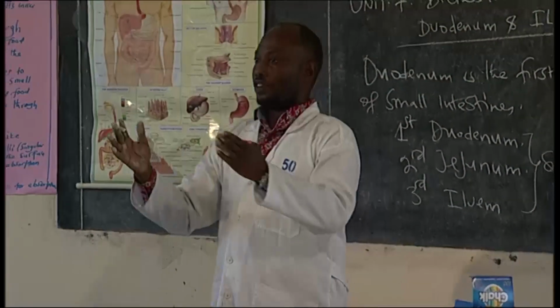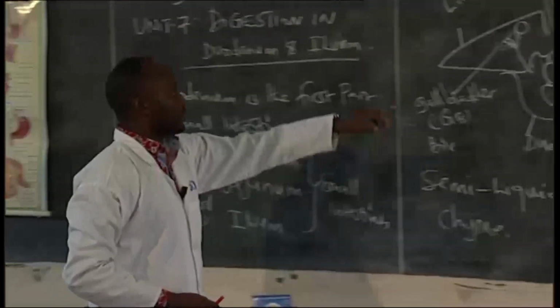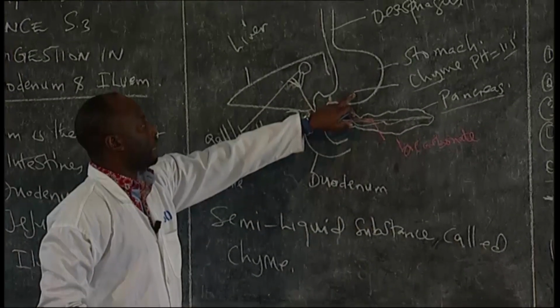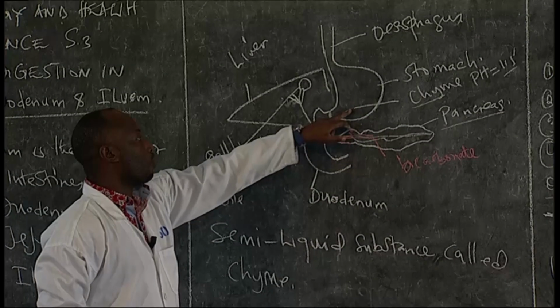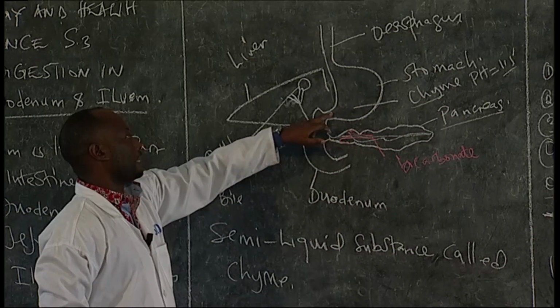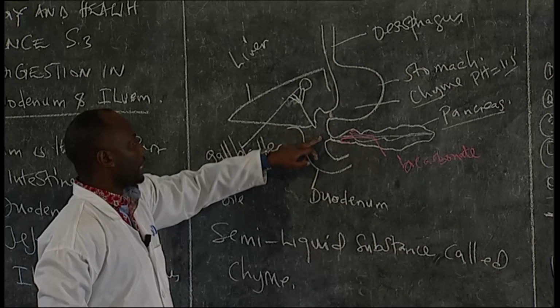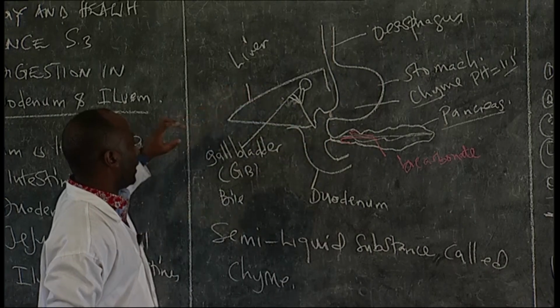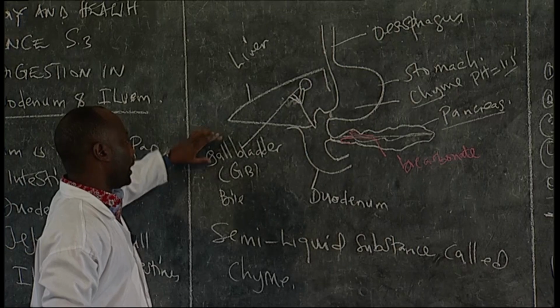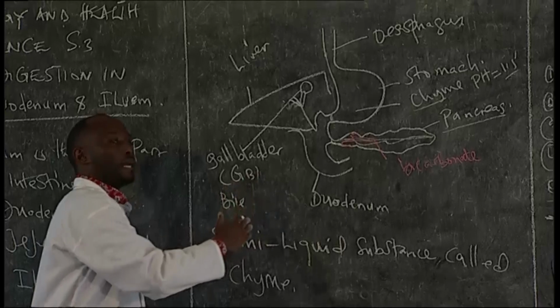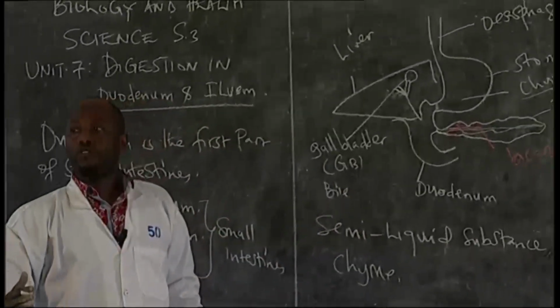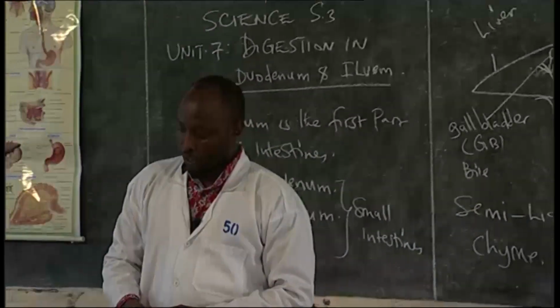Once the fats found in the chyme are released, they have to be broken down into small molecules so that they can dissolve in water, and that is normally done by the gallbladder, which releases the bile. The gallbladder plays a very important function in emulsification of fats.